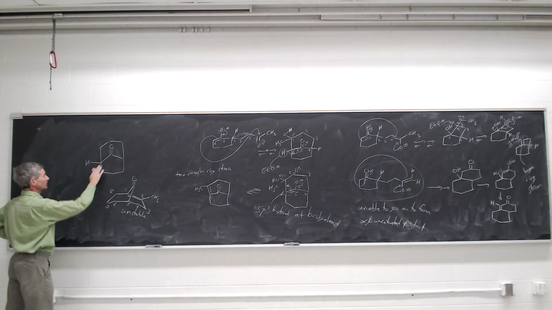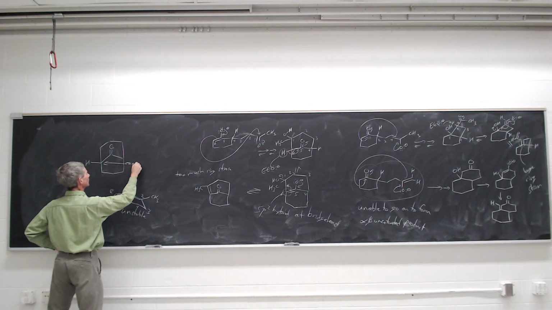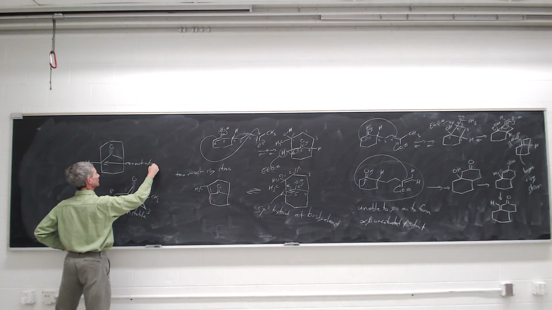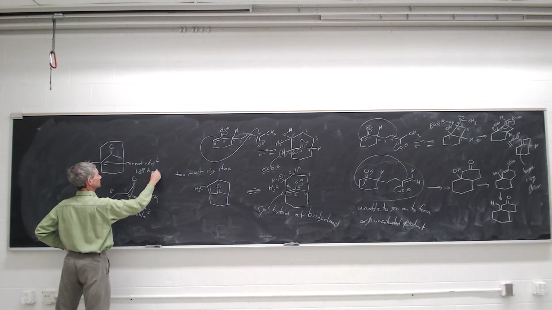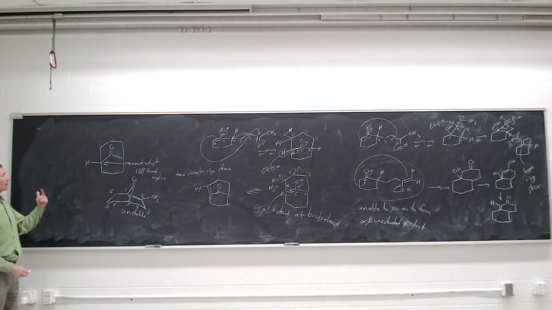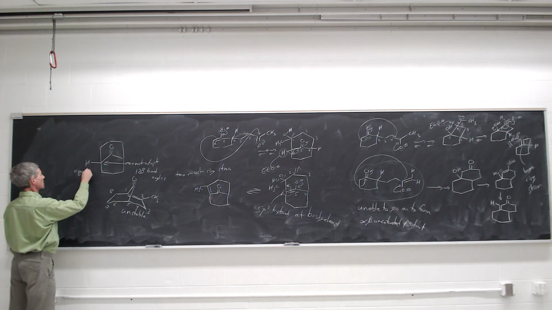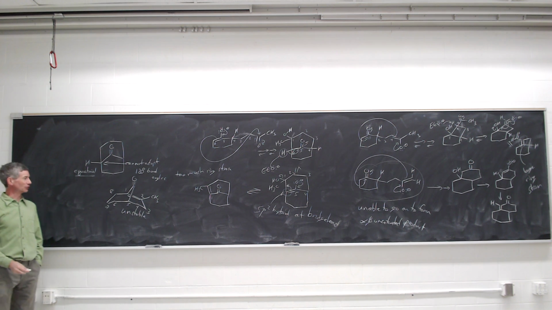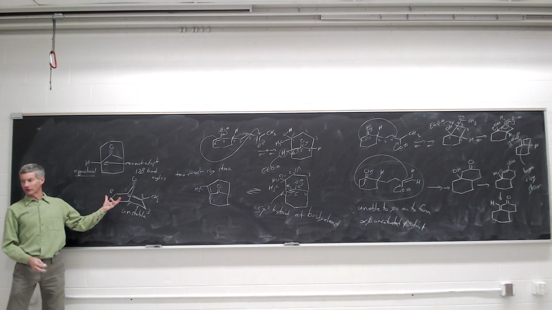Bond angles can't be 120. Normally, the way that molecule would be drawn, this would be an equatorial sort of position. Carbonyl, axial position relative to the 8-member ring. That's just not going to be stable.